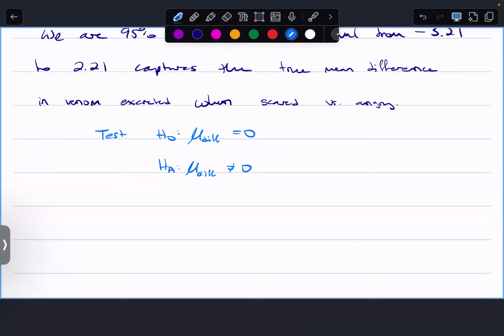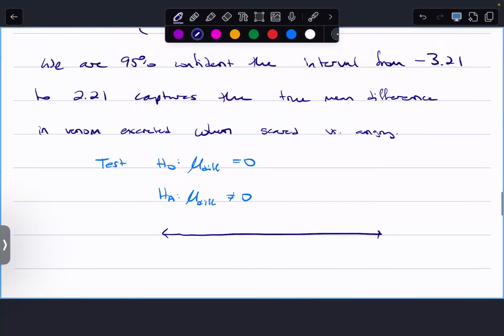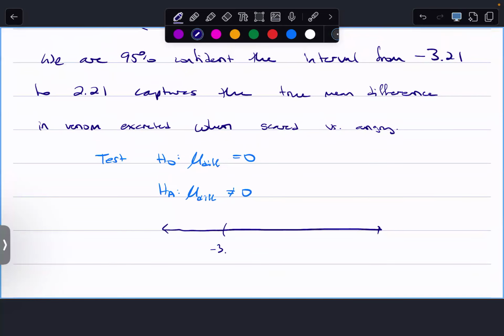So what we're going to do is I like to use a number line. I found an interval from -3.21 up to 2.21, but a difference of 0 is reasonably in there somewhere, right? If I go from a negative to a positive, at some point I cross 0.